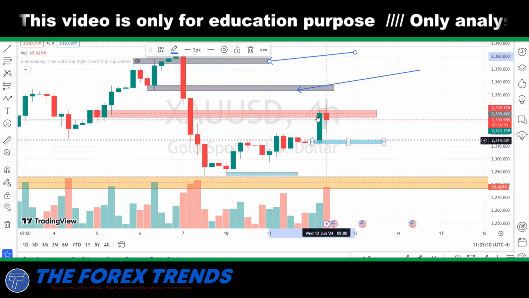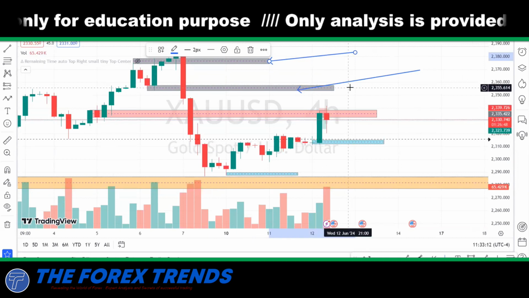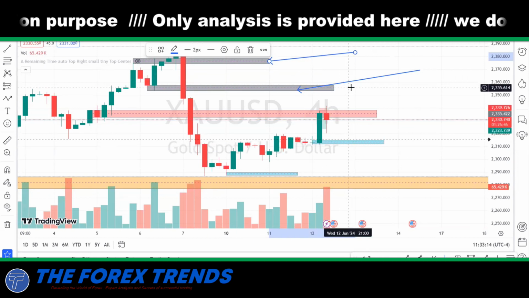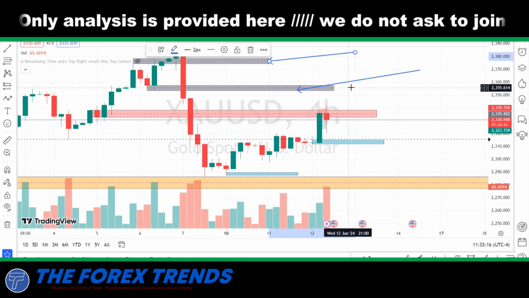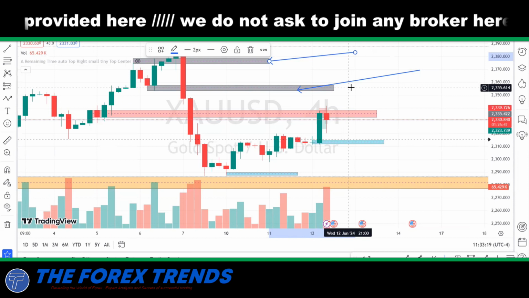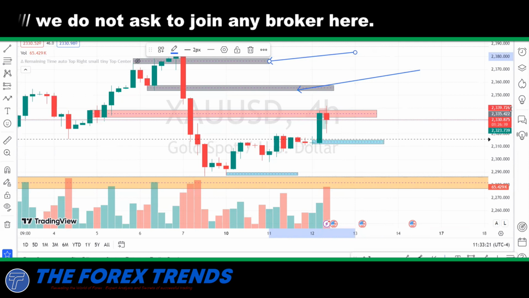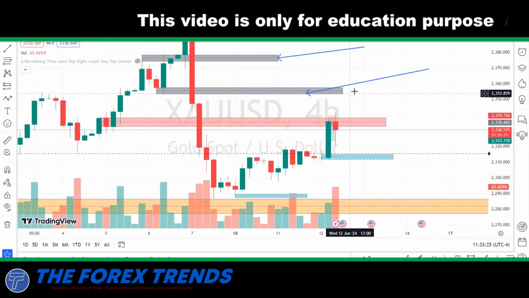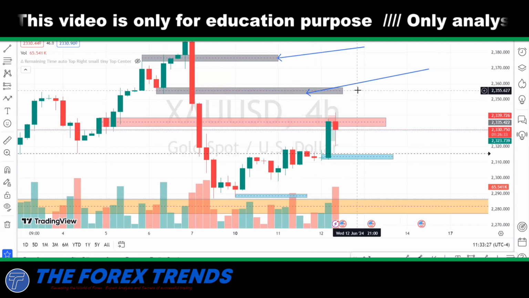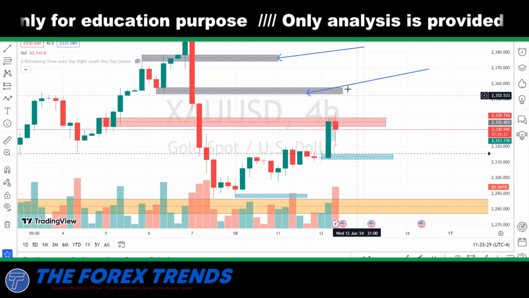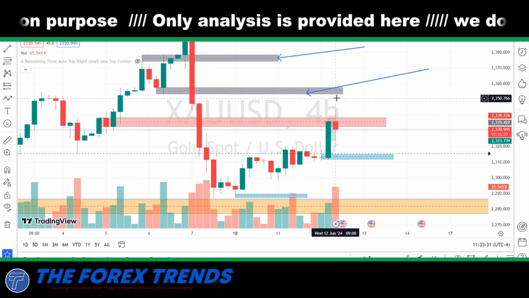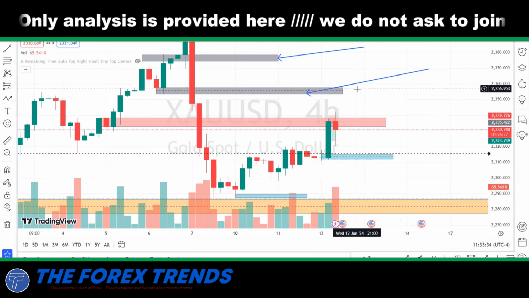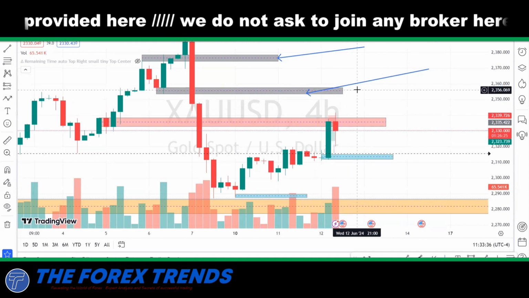If price comes to this level, 2355, after FOMC or before FOMC, we may initiate a sell here. But mind one thing, after FOMC, we need strong evidence to sell from here.